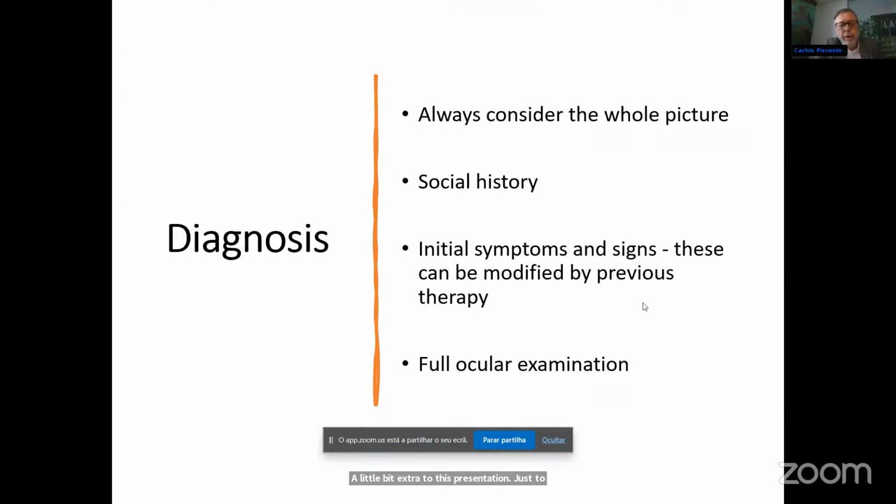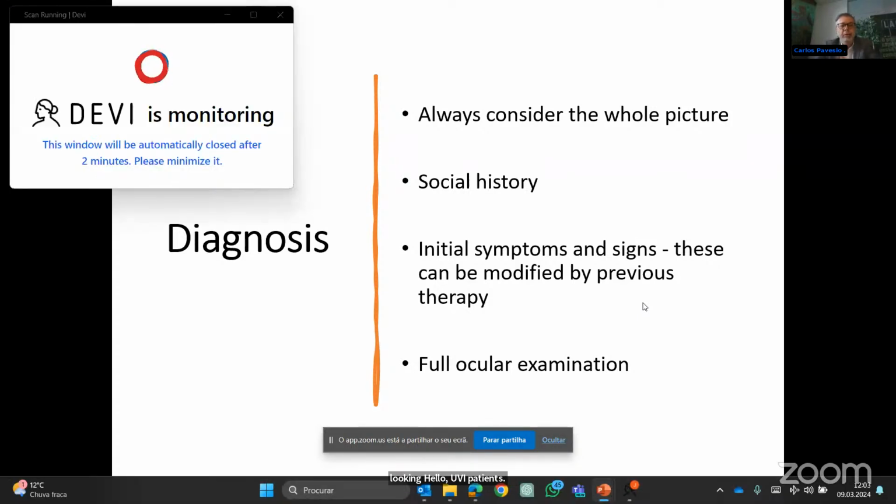When we are looking at our uveitis patients, we want to make the diagnosis, and we need to take the whole picture as a whole. We don't want to look at just an eye. Many aspects of the patient, such as social history, are very important.